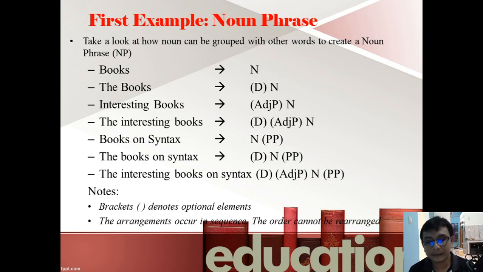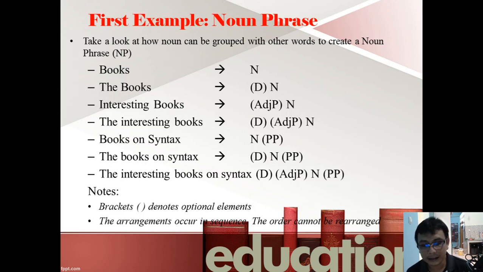And then we have an even larger construction, the interesting books. And then noun can also take PP, prepositional phrase, as its modifier. So like for example in phrase books of syntax. And then we have an even larger construction, the books on syntax. Okay, and even larger ones, the interesting books on syntax.